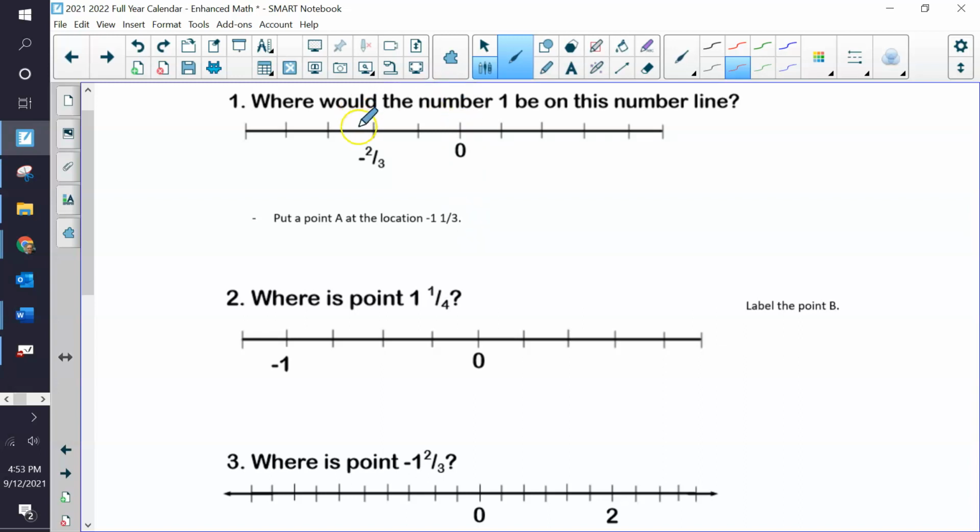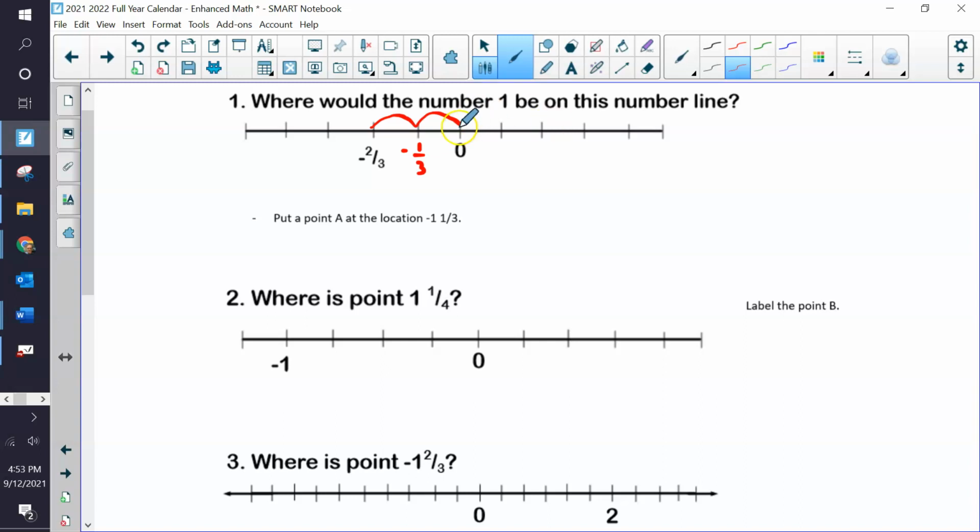So I'm going to use the clue that's given to us right here. This is -2/3, and I see that this is 2 jumps away, which tells me that this is -1/3. And then each of these little marks right here is marking off thirds. So when we count by thirds, we count 1/3, 2/3, 3/3, like that. And 3/3 is 1.